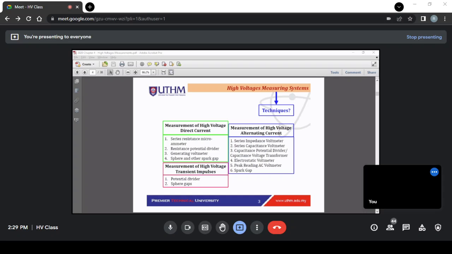If we are using this technique, we really need to use a high resistance value, in other words, a high resistor. Okay, if you want to measure a simple circuit, you put a resistor. We place the resistor in the circuit to minimize the current flow. From there, you can actually measure the voltage.